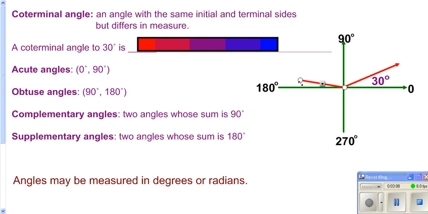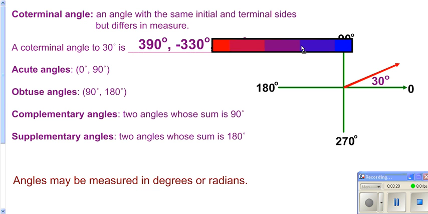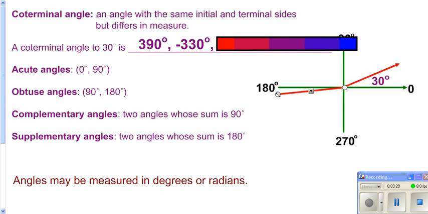We could rotate all the way around and then come back up. Going all the way around once is 360 plus that additional 30 would be a 390. You could also get a negative 330. A negative 330 would start out with your initial side here and then rotate backwards clockwise, which is a negative angle, to 330 degrees negative.